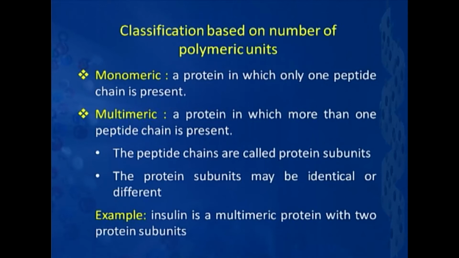So that is the meaning of a molecule being multimeric. Let us take another example, insulin. Insulin also is a multimeric protein, because in this case there are 2 protein subunits, 2 chains, and the 2 chains happen to be different.